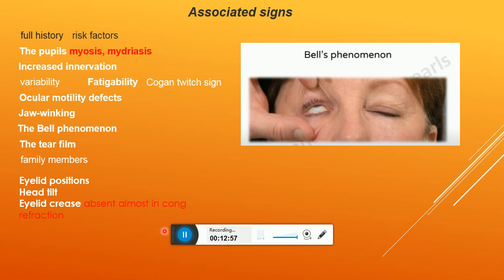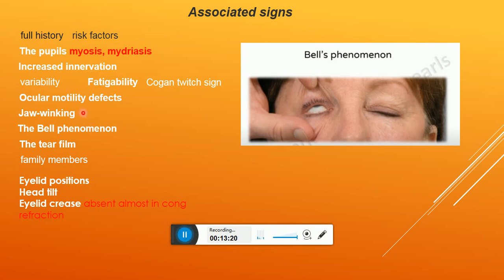If there is ipsilateral hypotropia, correction of that hypotropia may improve the degree of ptosis. Deficits consistent with a subtle or partial Third nerve paresis should be identified.